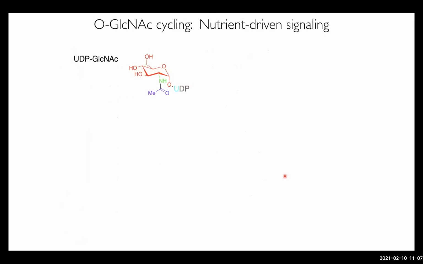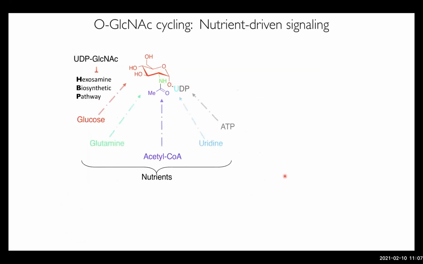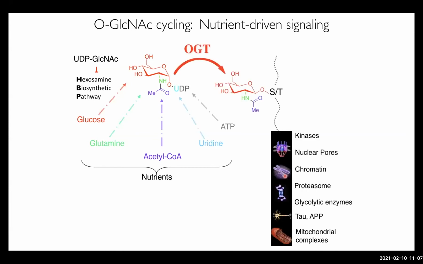So by way of introduction, UDP-N-acetylglucosamine is synthesized via nutrient inputs from glucose, glutamine, acetyl-CoA, uridine, and ATP from macronutrient breakdown, leading to increases in UDP-GlcNAc, a highly regulated intermediary metabolite. UDP-GlcNAc then is the substrate for OGT, which transfers O-GlcNAc onto serine and threonine residues of many targets.